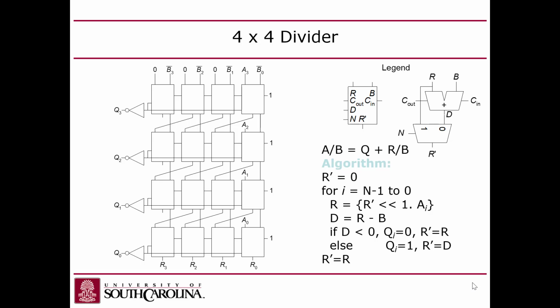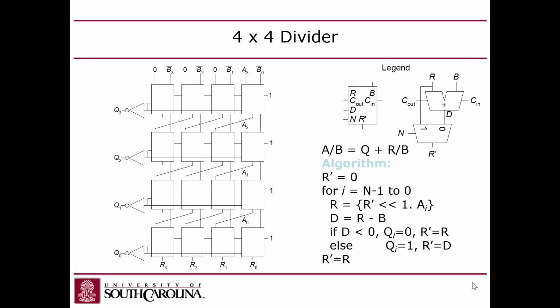So that actually happens here. If D, which is R minus B, is less than 0, then the output is Q. I'm sorry, that's not actually the carry out. That's this Q output, which is going to be equivalent to carry out, I believe. That's Q0, which is the quotient.